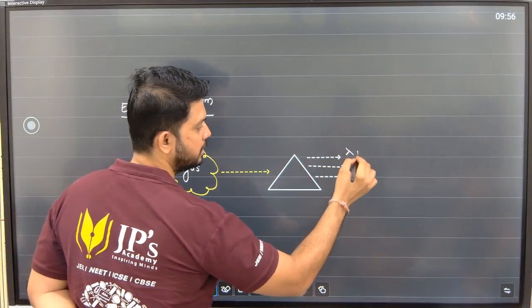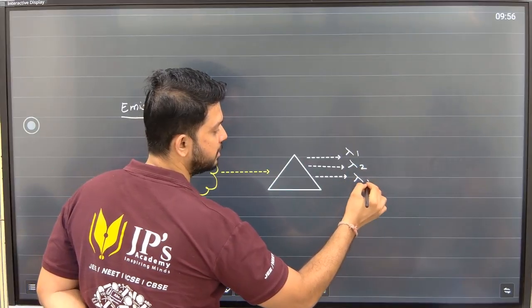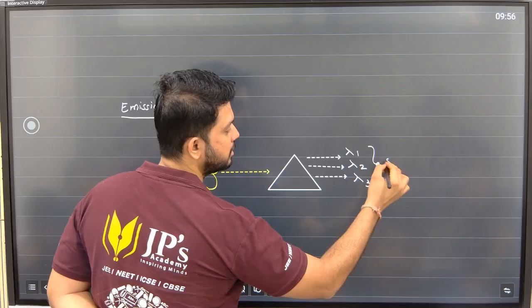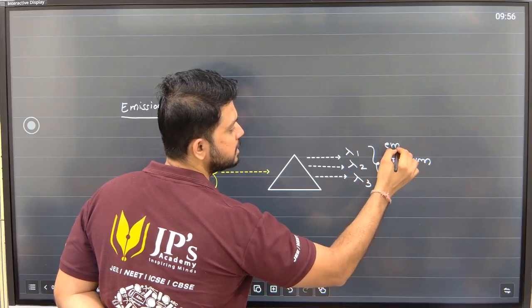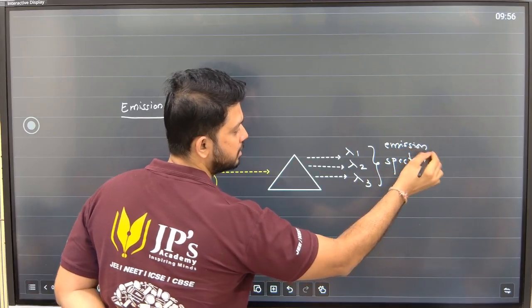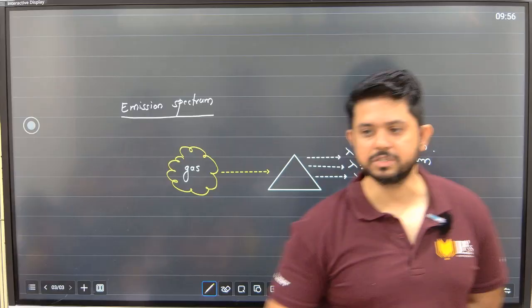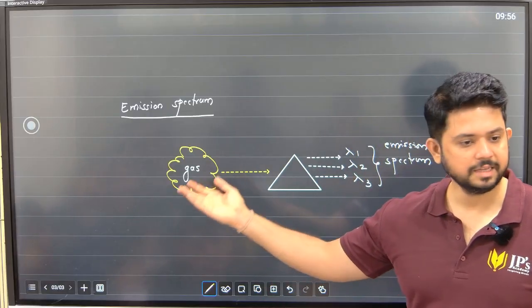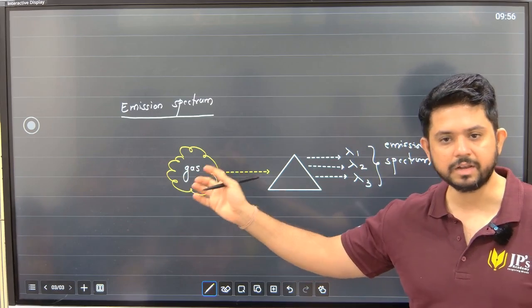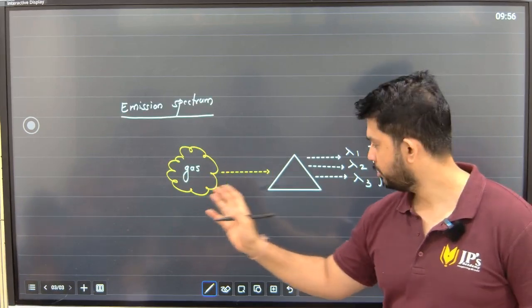lambda 1, lambda 2, lambda 3, and this particular is the spectrum, or we call this as emission spectrum. I repeat, so I have a gas heated to a very high temperature, it will release radiation which is made to pass through a prism.